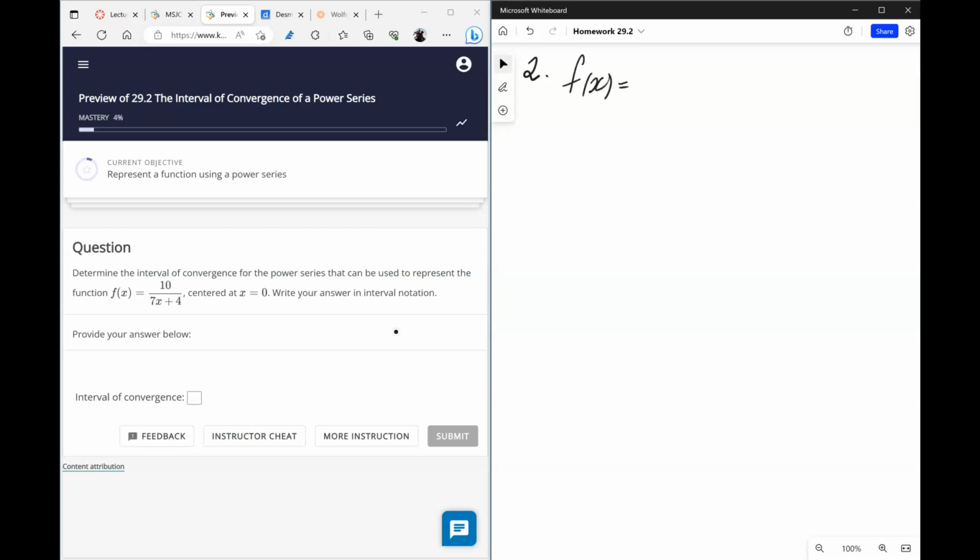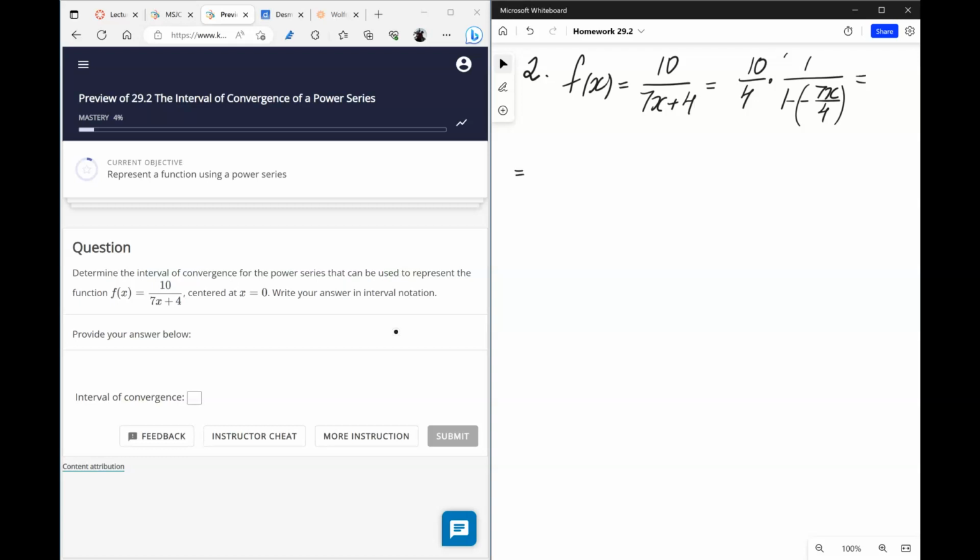So moving forward, I will do one or another one, depending on the situation. So here we're going to take out 10/4. So we have 1 over 1 plus 7x over 4. Then instead of this plus, I'm going to put minus minus.